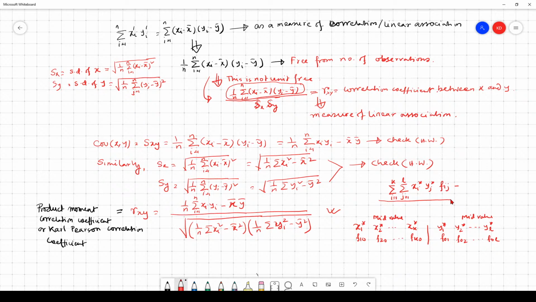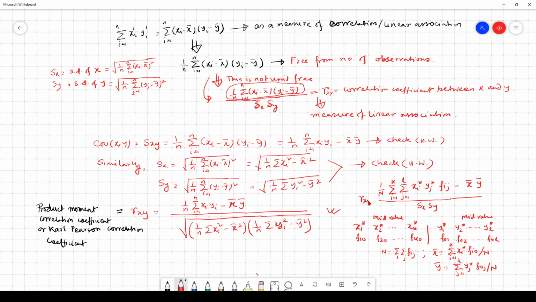This is the joint frequency corresponding to ij, times 1 by capital N, where capital N is the total frequency, minus x bar y bar, where x bar is the sum over i from 1 to k of xi star fi naught divided by capital N. Y bar is equal to the sum over j from 1 to L of yj star f naught j by capital N, divided by sx sy.